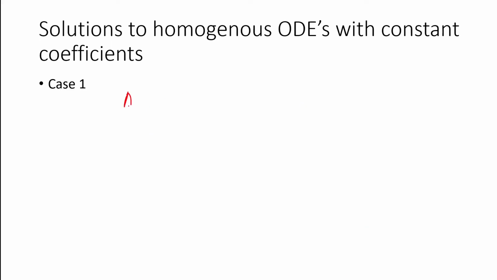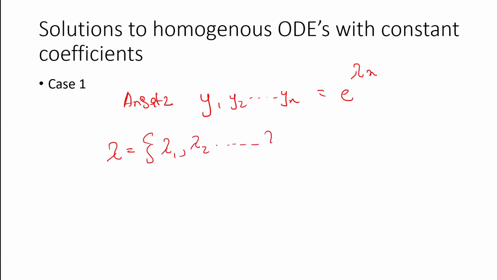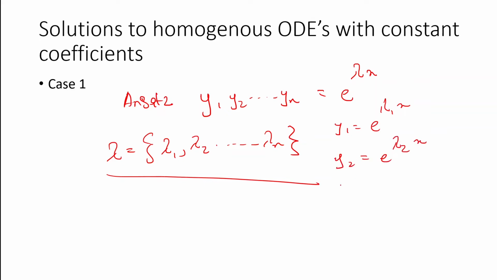We make an ansatz that the set of all solutions y1, y2, yn is e to the power lambda x. Lambda is also a set, a set of numbers lambda 1, lambda 2 up till lambda n. The solutions are e raised to those numbers times x. So y1 is e to the power lambda 1 x, y2 is e to the power lambda 2 x, yn is e to the power lambda n x.